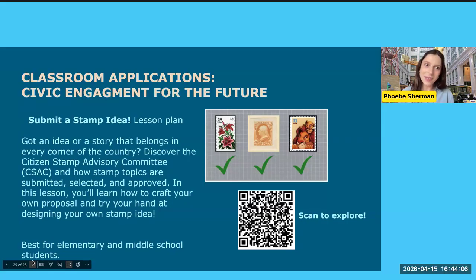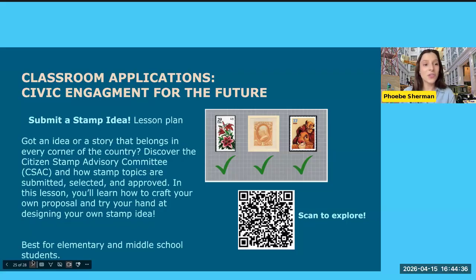Recognizing that not everybody teaches middle and high school students, but these ideas, this civic action, can be done by kids at any grade, any age. As I shared earlier, there's no age requirement for submitting a stamp idea. So if you want to engage your students who might be in elementary school or early in middle school in these ideas, this resource is a lesson plan. It's called Submit a Stamp Idea.